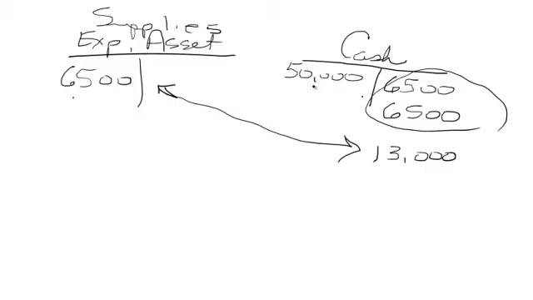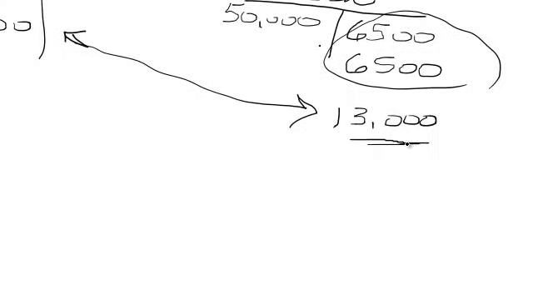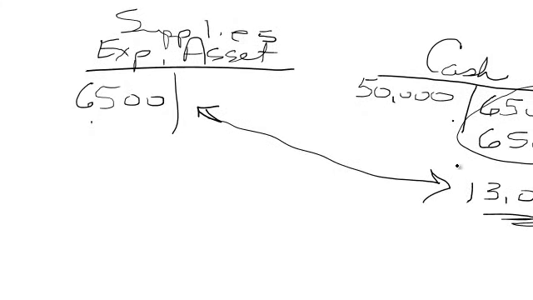Alright, if we had a $50,000 debit balance, we should have only taken out $6,500, right? So that should have left us a balance of $43,500. Instead, we took out $13,000. So what happens to the balance? It goes down even further, right?